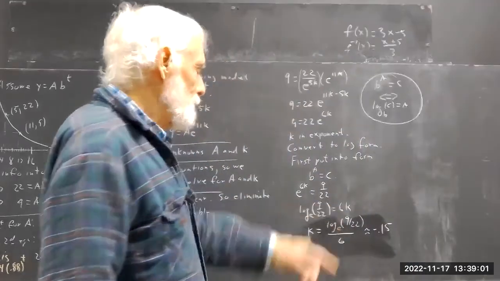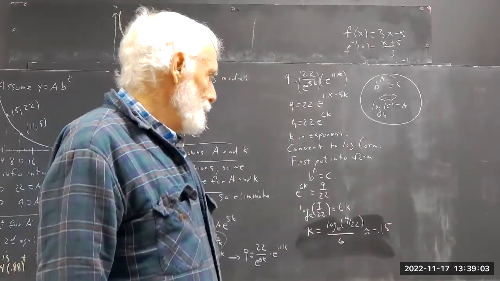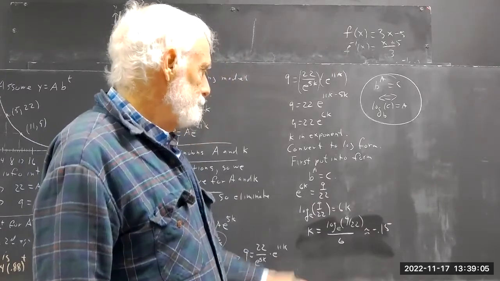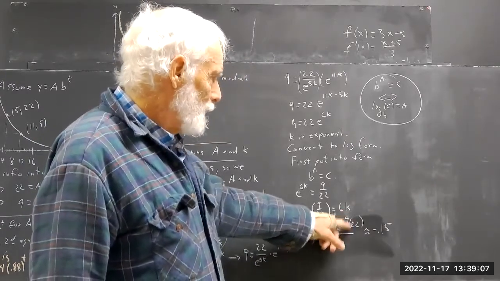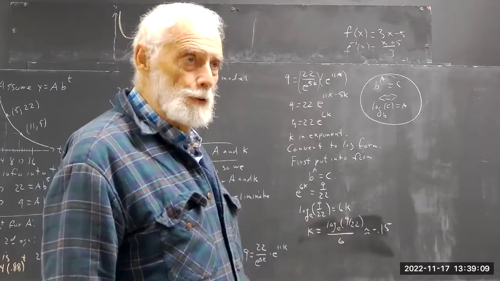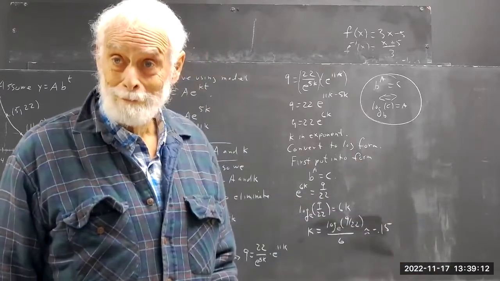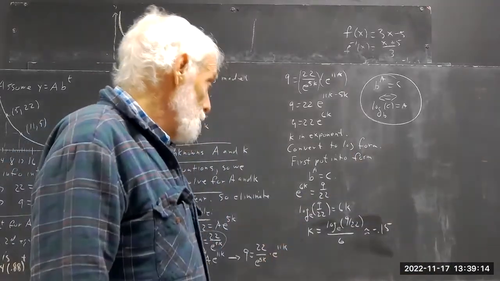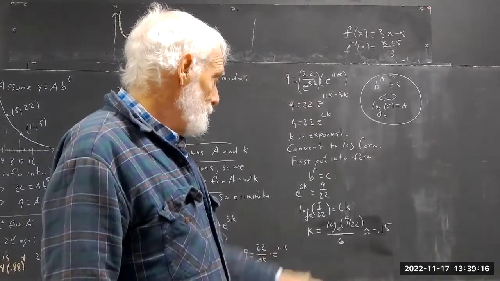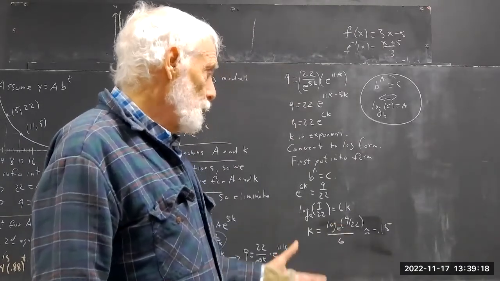Now that works because I'm kind of checking that out in my head, saying log base e is 9 over 22. 9 over 22 is pretty close to the reciprocal of e. Reciprocal of e is about 0.37, and that's about 0.4.